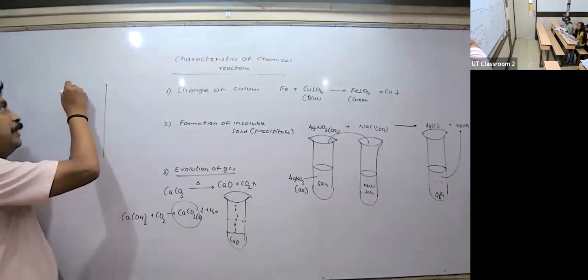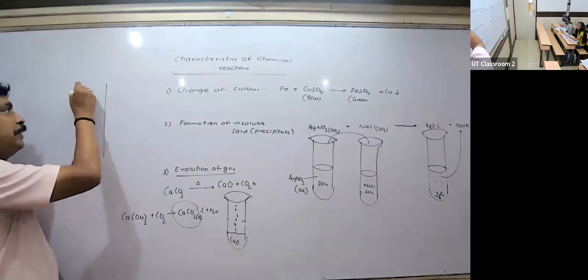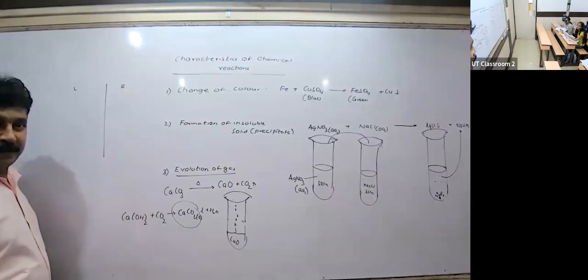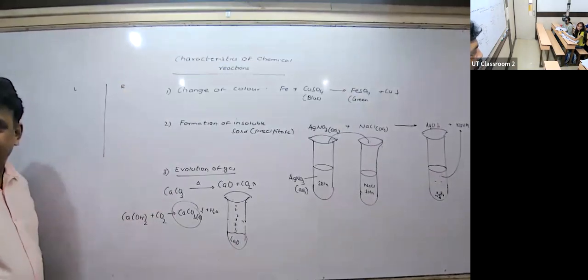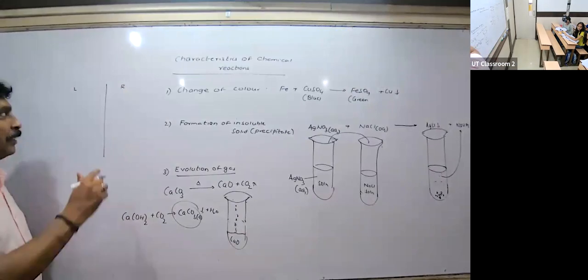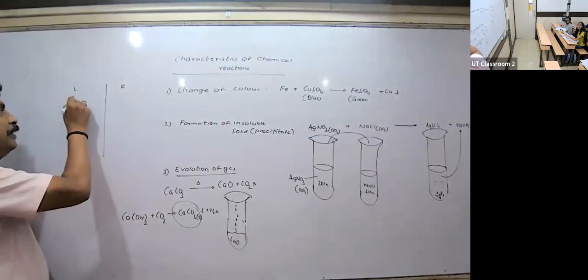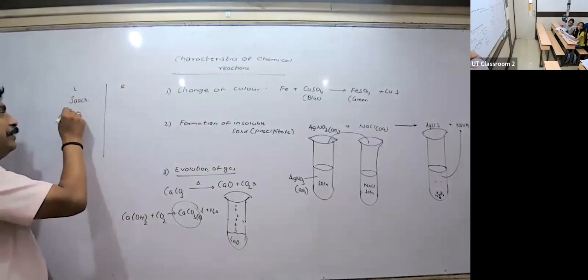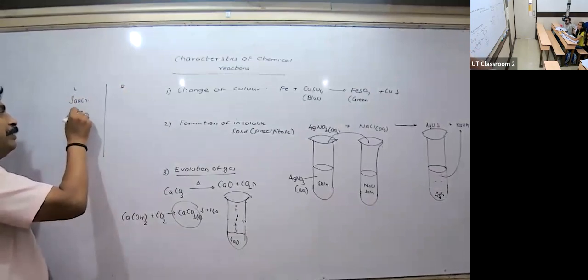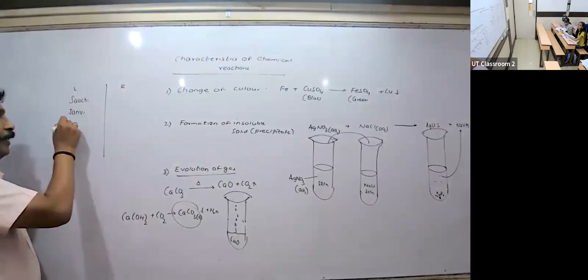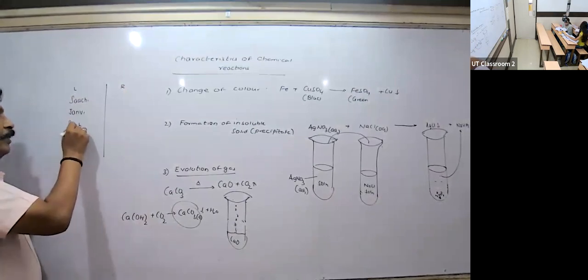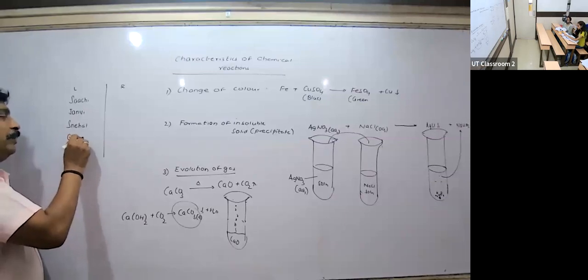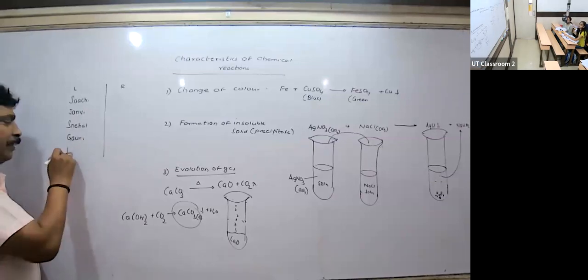This side, left hand side and right hand side. Keep saying your names. What is your name? Sachi. Then Snehal, then Gauri. Then Dania also comes in this.